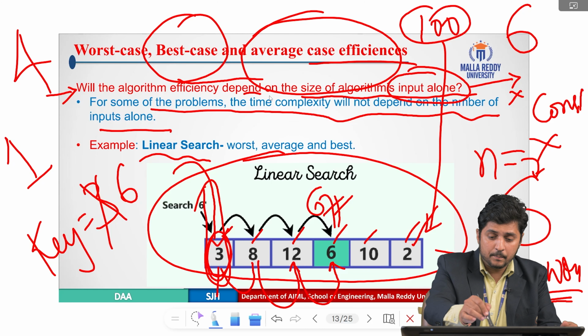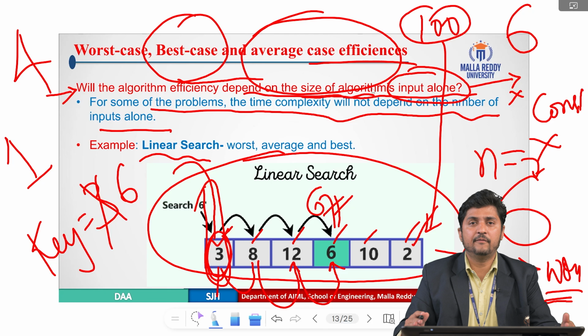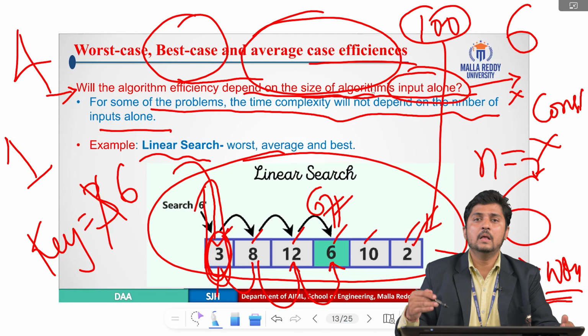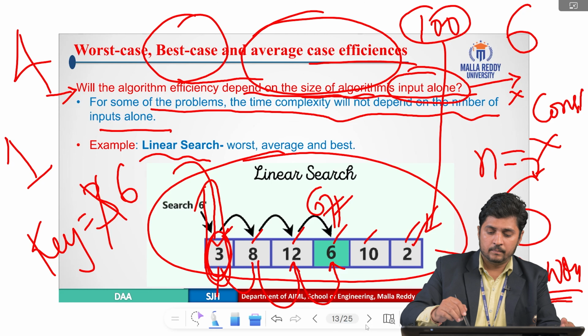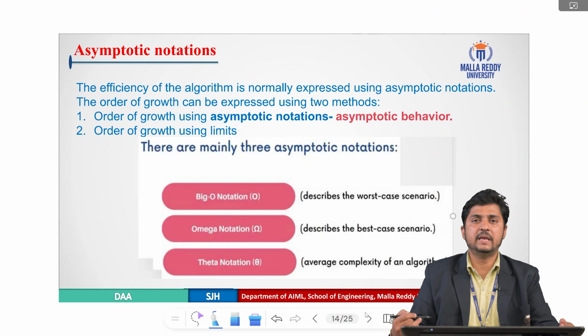The input size alone is not enough to judge any algorithm's efficiency. It also depends on the position of the key element to be searched, in a binary search, or in a linear search, or in any search. So it depends also on the position of the elements apart from the input size.